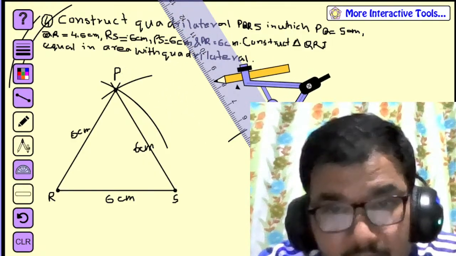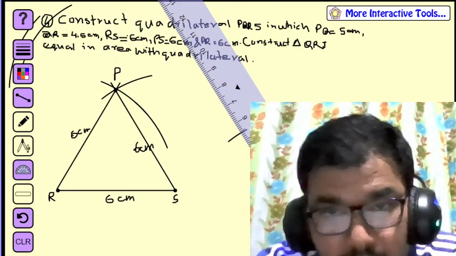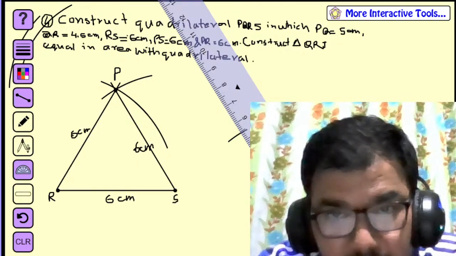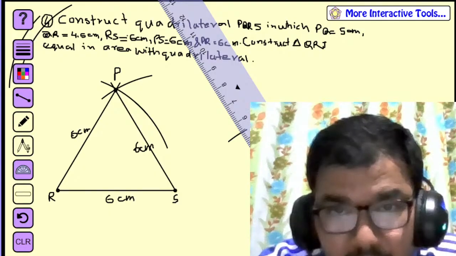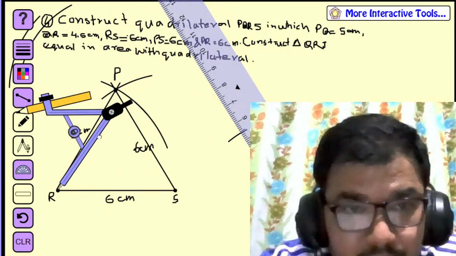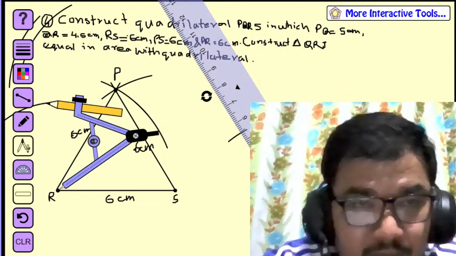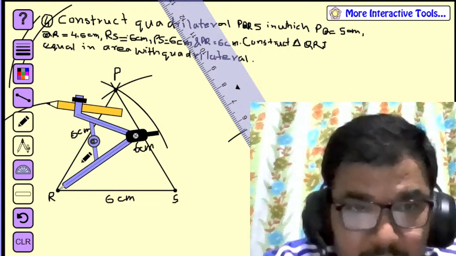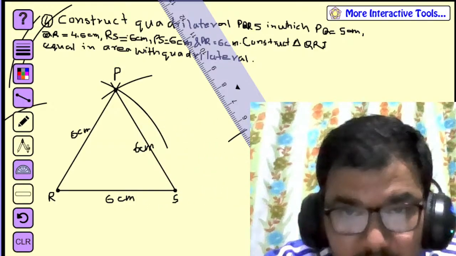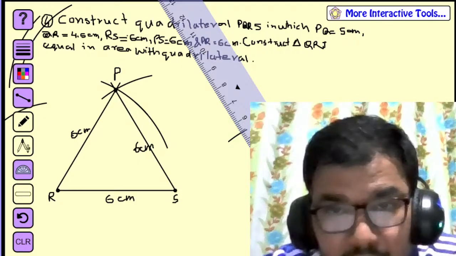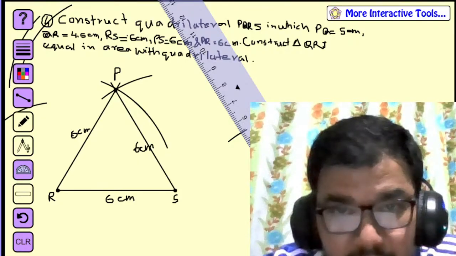That's why I take from here to here 4.5. This is 4.5 and fix it. Now put here, from here to here, it is got this side. This is 4.5. Now again, we have to make this previous one longer. That one was 5, right? Make it longer still. This is 5.